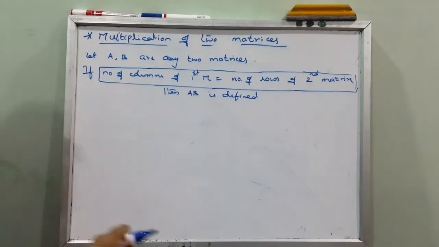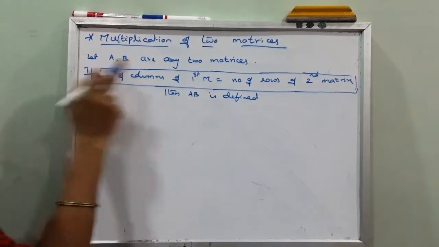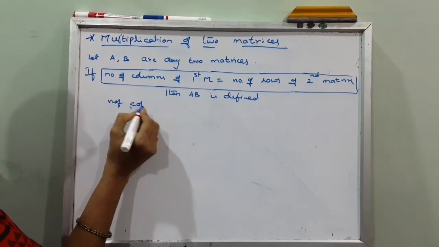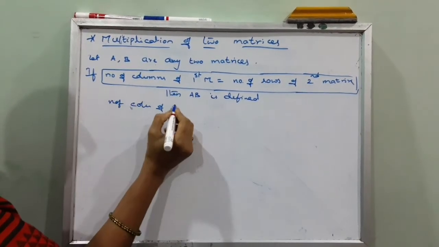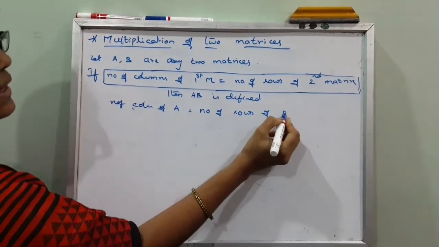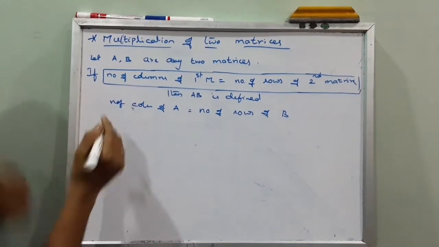So if the number of columns of A is equal to the number of rows of B, then AB is defined.